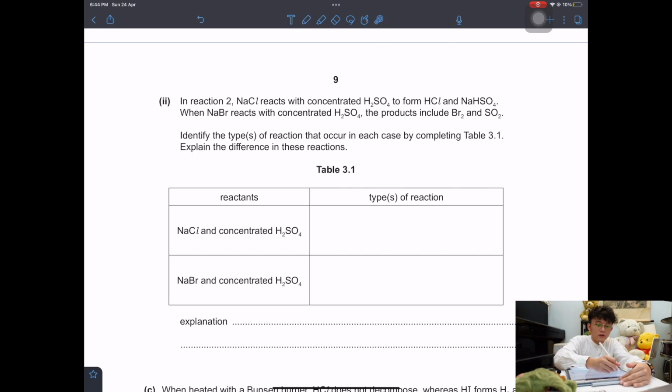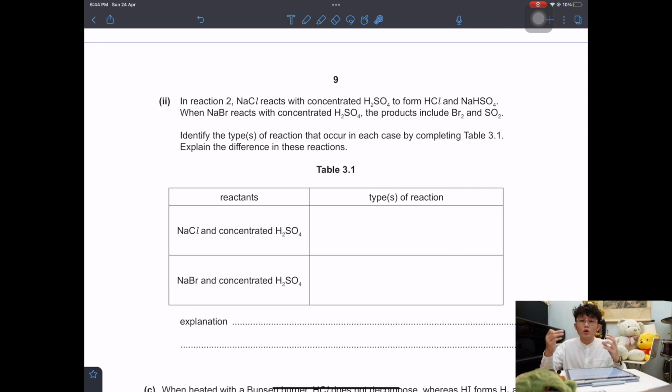For my students in my class, I already mentioned a couple of times how important this part is, for your halide ion acting as a reducing agent and the reaction with H2SO4. I know that NaCl and H2SO4 are equally strong in terms of their oxidizing ability, so they don't oxidize each other.